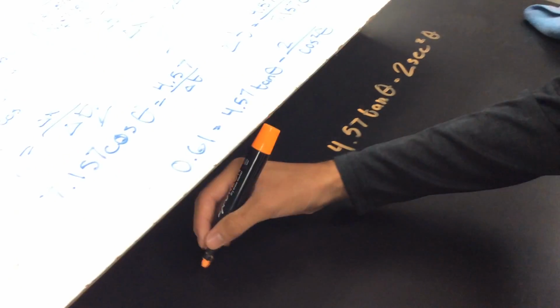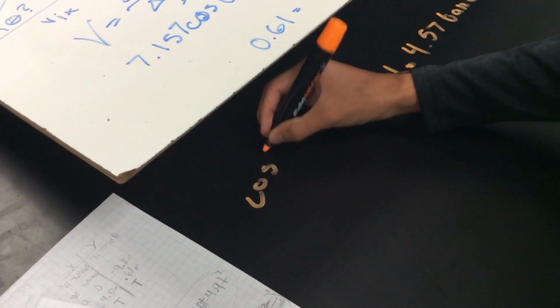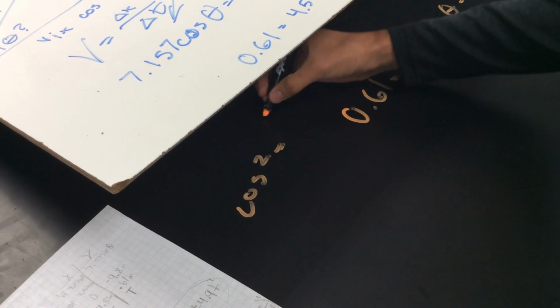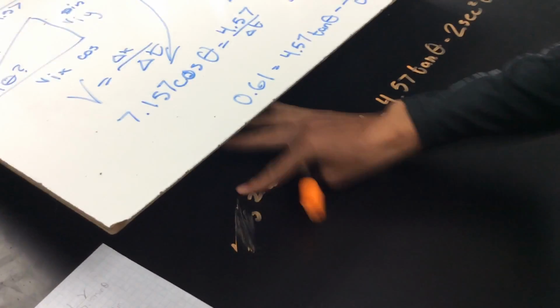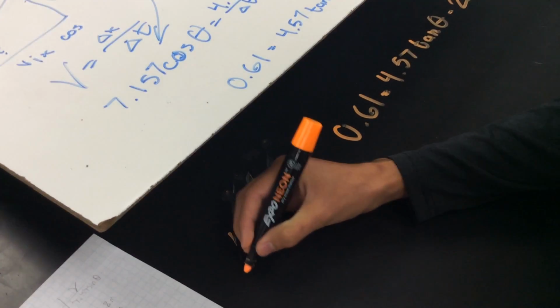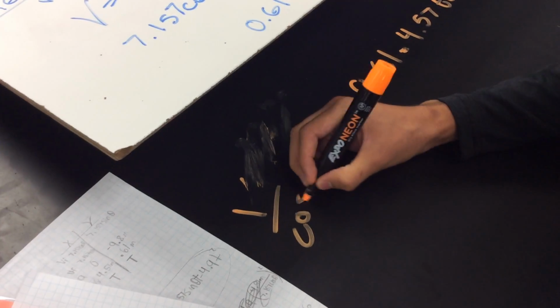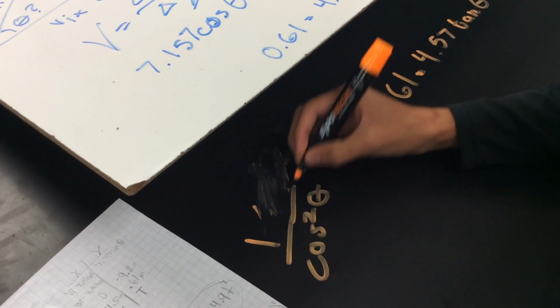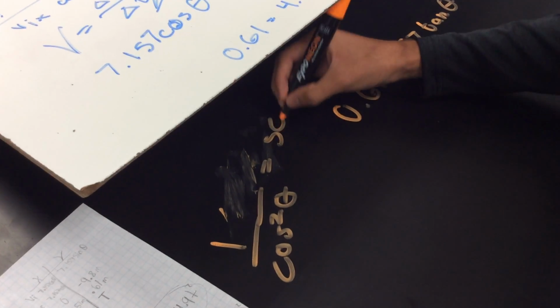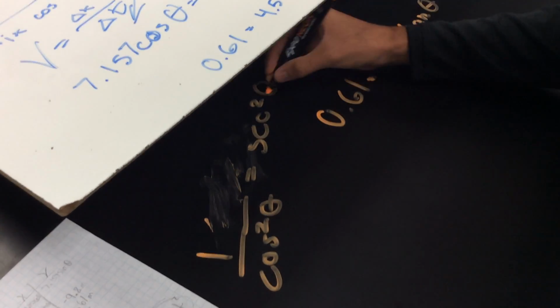It's just that, oh my bad, 1 over cosine squared theta is the same as secant squared theta.